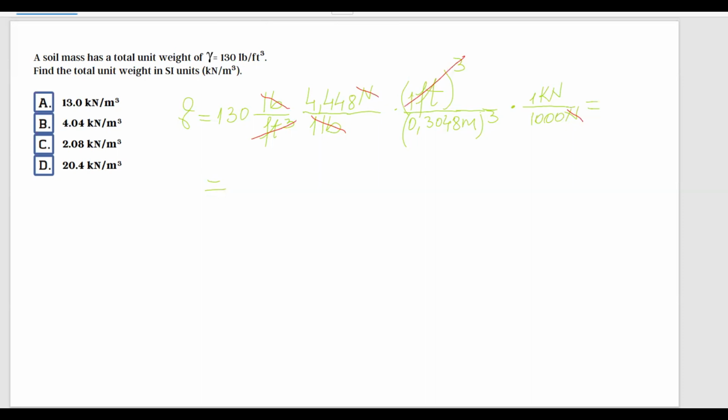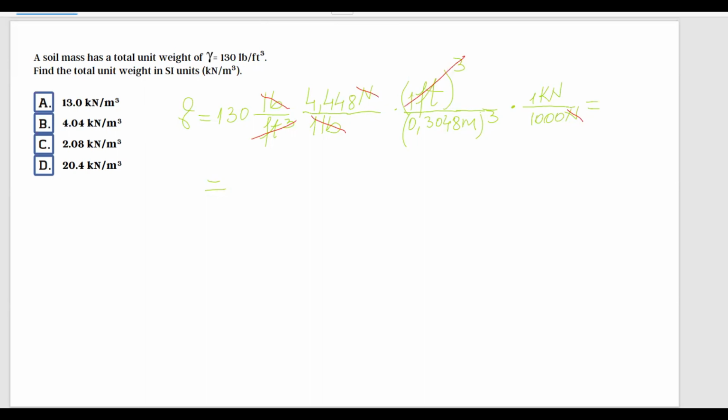So I'm going to have 130, 4.448 multiplied, enter, I'll have 0.3048 cubed, and then 1,000 multiplied. And now I'm going to have to divide that.